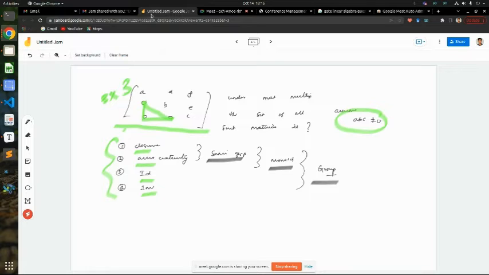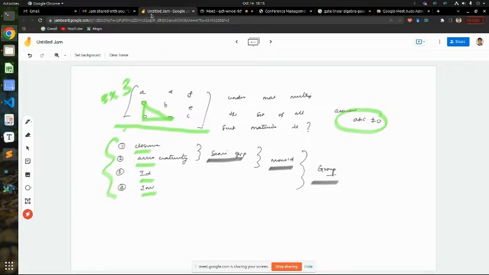Now, the task in this question is to find out whether the set of upper triangular matrices that are invertible forms a group or not. Now, I'll explain these properties: closure, associativity, identity, inverse. Along the way, I'll prove that this set of upper triangular matrices is indeed a group.